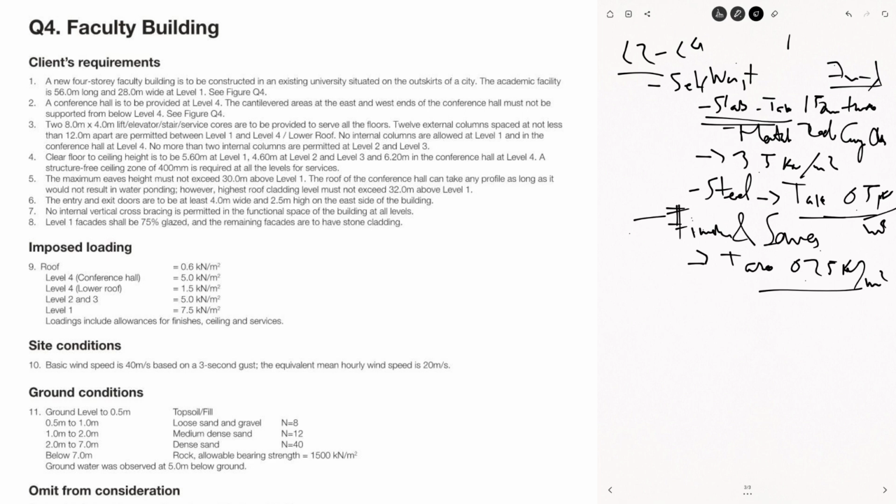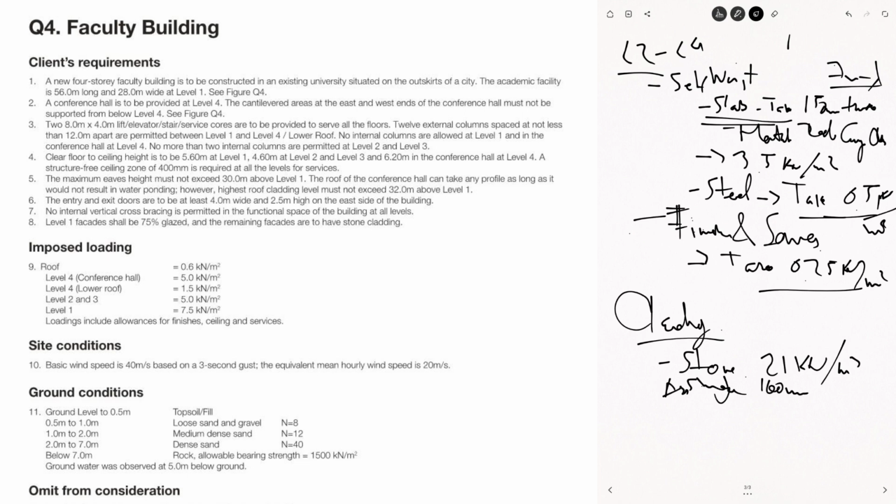Now we got to, what else have we got? The cladding. That we know that they want to be stone, and normally stone brick, let's say take, I think it's a conservative value, but let's take 21 kilonewtons per cubic meter, and it'll be single leaf. Assume single leaf 100 millimeters thick.